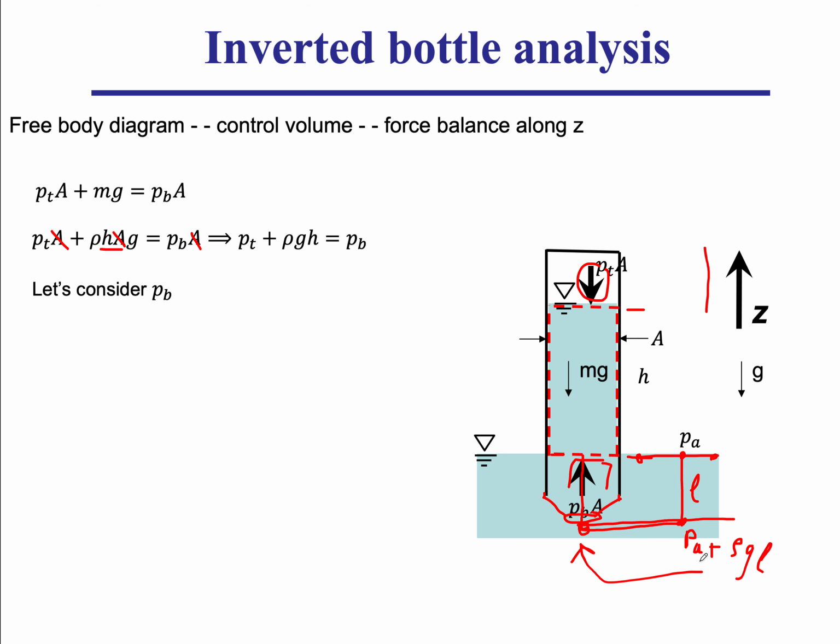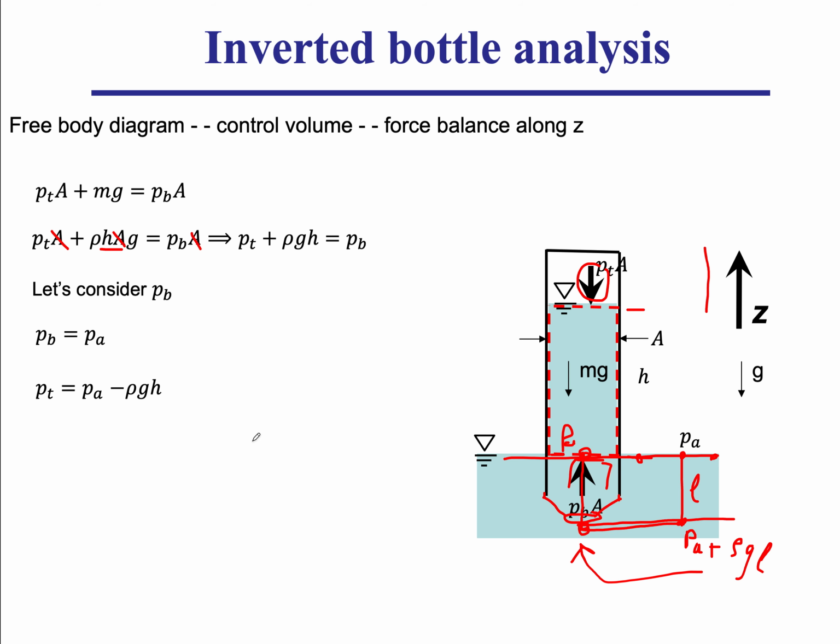So I get P atmosphere plus rho gL minus rho gL. So I end up with P atmosphere here. So at this level, still the same fluid, just like a manometer, if you think about it, the pressure at the bottom is just P atmosphere, which is what we have over here.